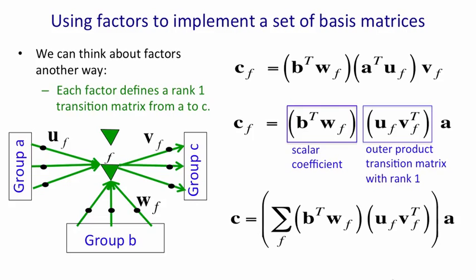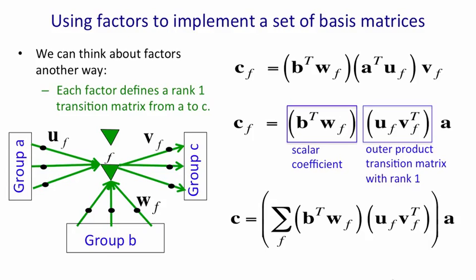If we sum that up over all the factors, the total input to group C is just a sum over all factors of a scalar times a rank 1 matrix, and that sum is a great big matrix. That's the transition matrix, and it gets multiplied by the current hidden state to produce the new hidden state.